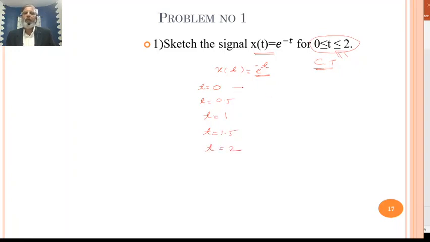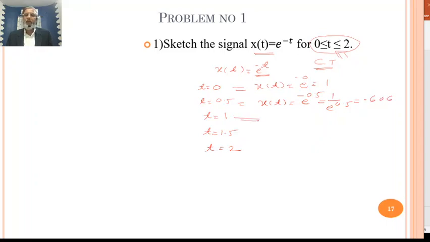Now for t equals 0, the amplitude of the signal x of t equals e raised to minus 0, that equals 1. For t equals 0.5, x of t equals e raised to minus 0.5, that is 1 upon e raised to 0.5, and that value is 0.606.